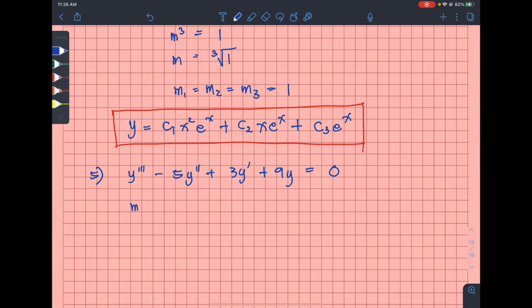Transform this into an algebraic equation: m cubed minus 5m squared plus 3m plus 9 equals 0. So can we factor this out? I don't think this is factorable.